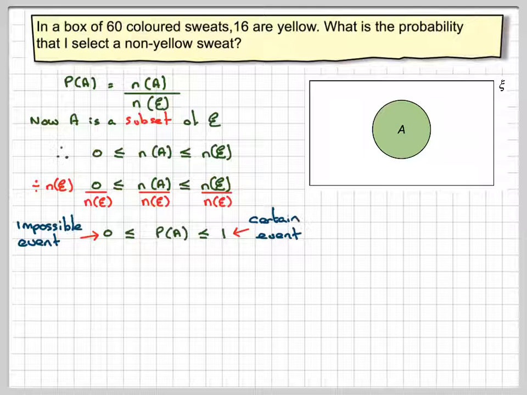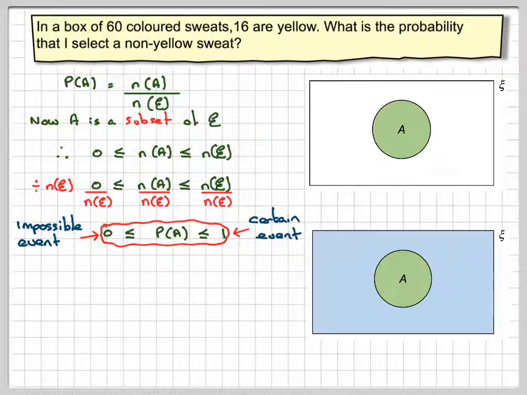So let's take the pack of cards again. If I had a set of red cards and I asked the question, what's the probability of getting a red card? The answer would be 26 out of 26, which is 1. Alright, so all probabilities are between 0 and 1. If you get a probability outside of that range, then it is a big clue for you to look at your working and see if you've made a mistake.